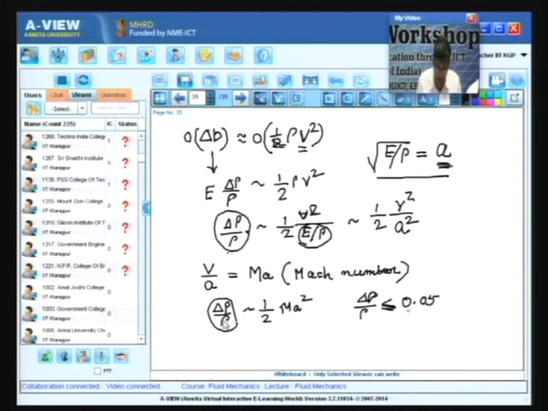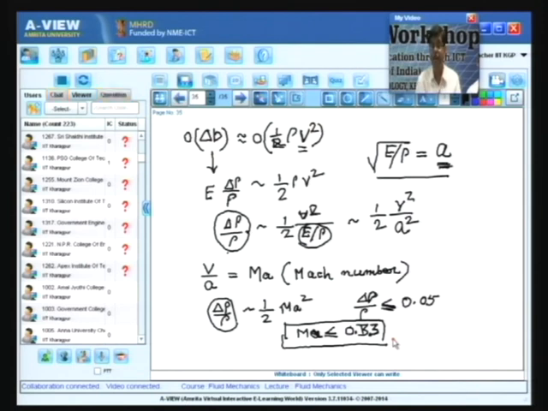Then if you put it here, we get a conclusion: the Mach number in the flow, M A, should be less than or equal to 0.33. So, this acts as a thumb rule that if in a flow the Mach number is less than 0.33, we can safely say that the flow takes place with constant density.